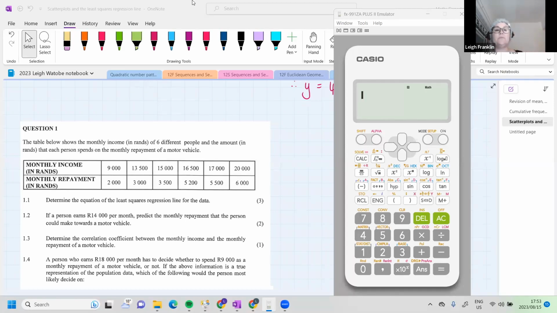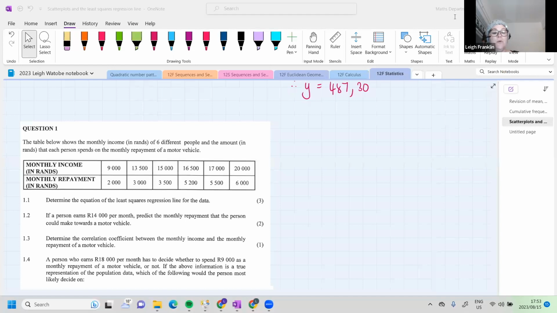Yes, I agree. That is the correlation coefficient I've got as well. Don't think we're going to have time to be able to finish this question, unfortunately. What did you guys get as the equation of the least squares regression line? Have you got that?